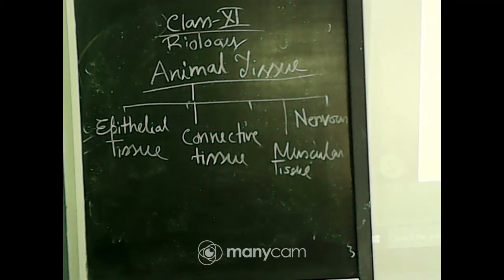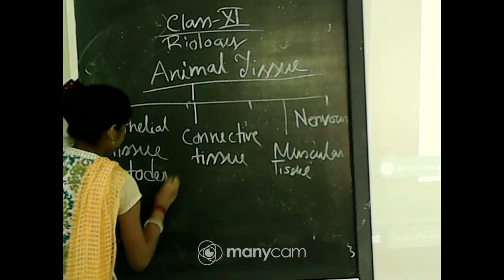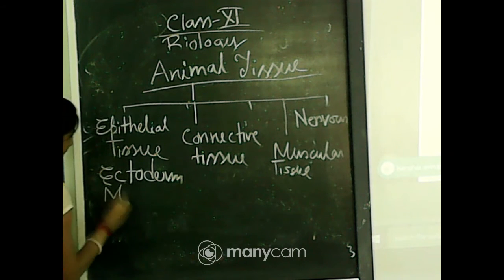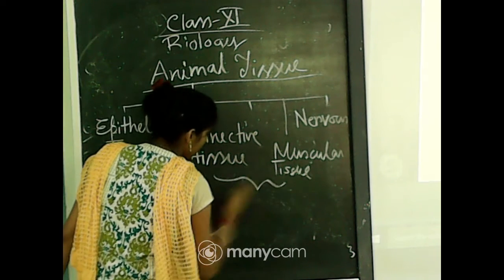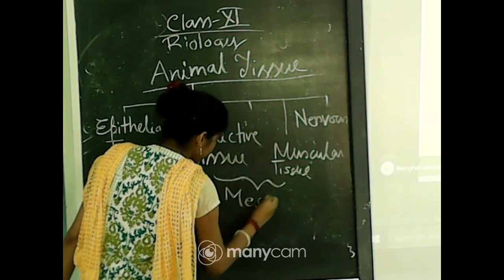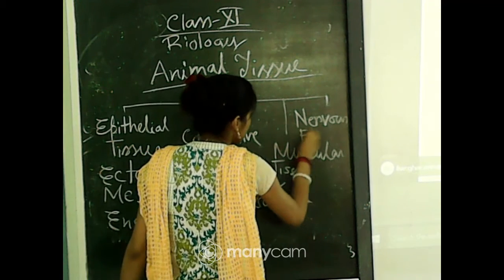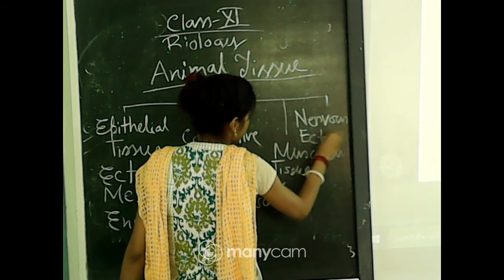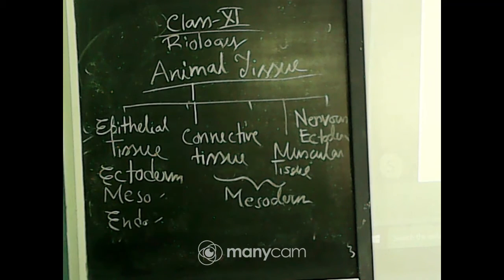So, if I write, this one is ectoderm, mesoderm and endoderm, these 2 are from mesoderm, and this one is ectoderm. Okay, so these are the origins of these 4 types of tissue.